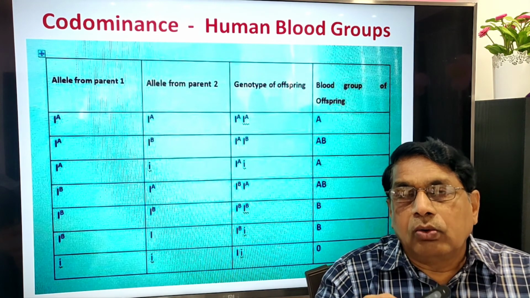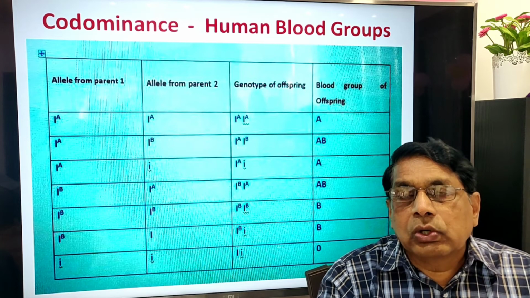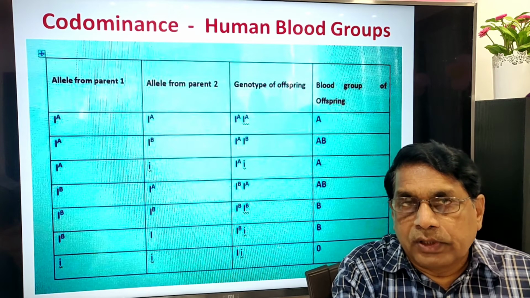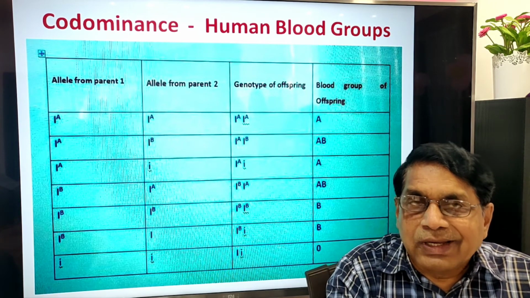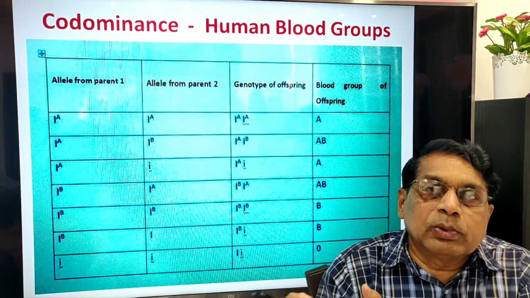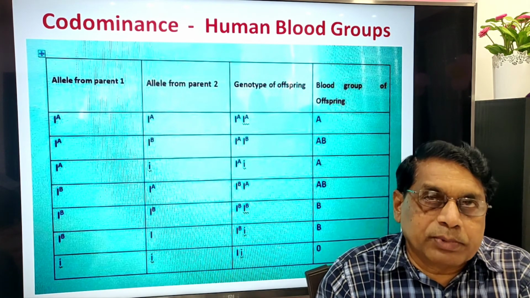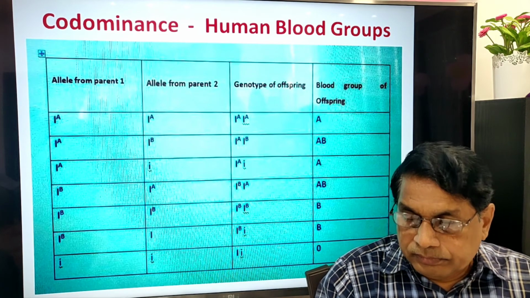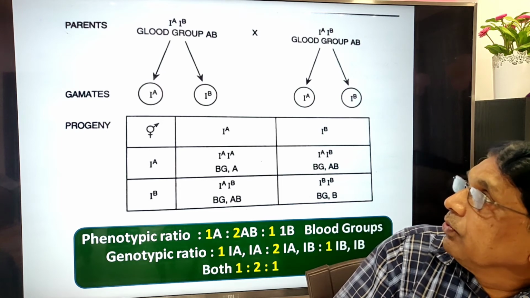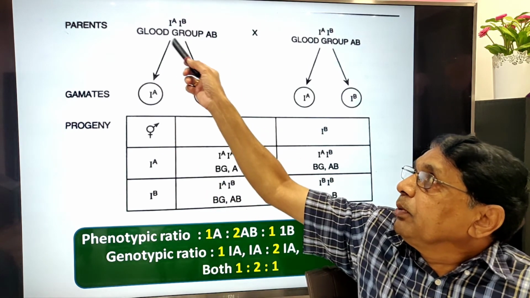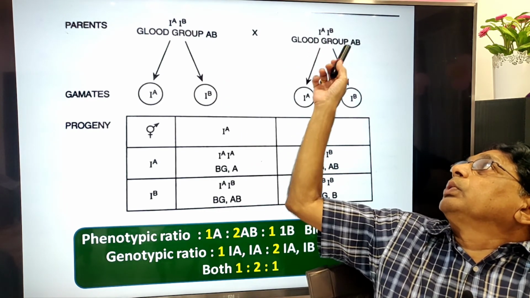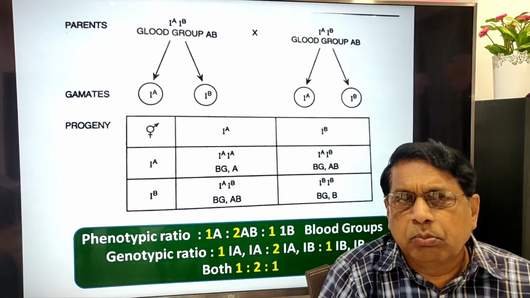So this is how the alleles are inherited by the children. According to the parents' blood groups, we can tell what the blood group of the children or offspring will be, whether male or female. Suppose AB blood group father, AB blood group mother, both are AB group.